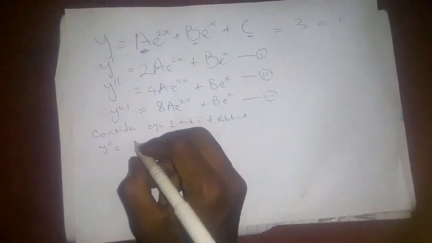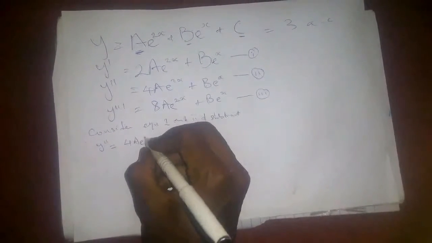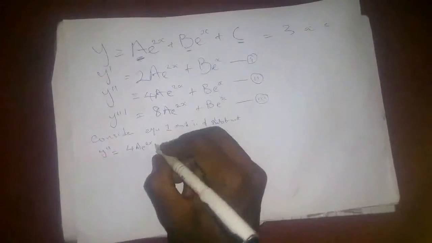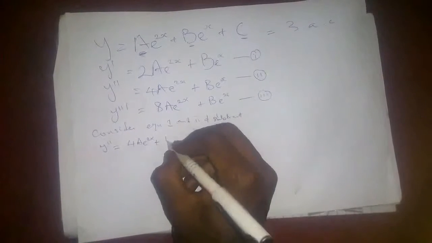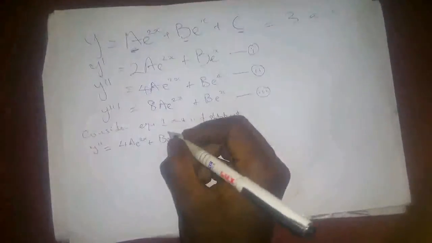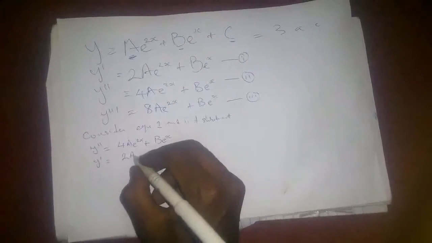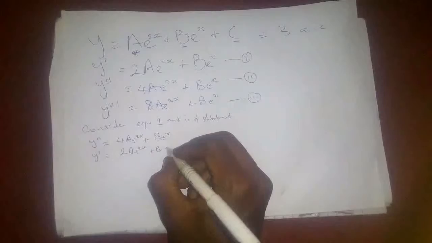4a e raised to power 2x plus b e raised to power x. Now y' will give us 2a e raised to power 2x plus b e raised to power x.